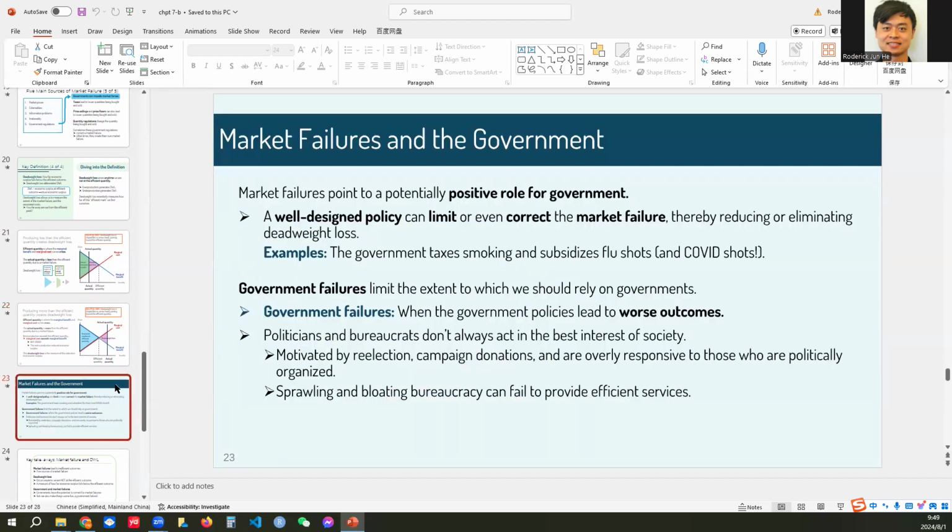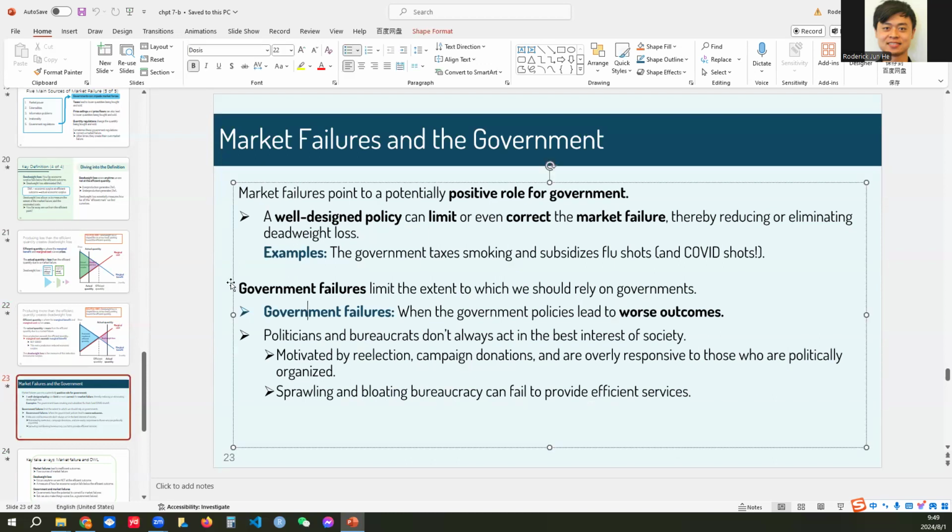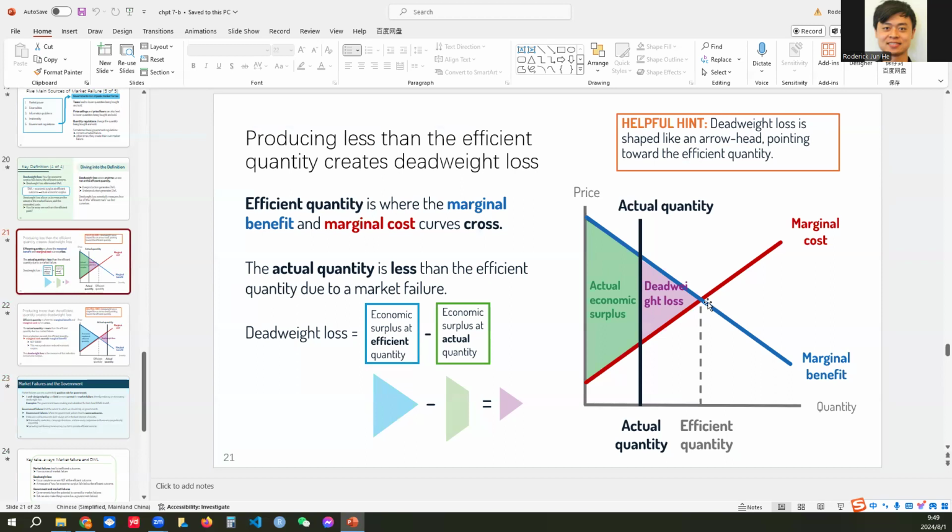So market failure actually points to a potential positive role for government. Sometimes we need the government to restore if there is a market failure so as to recover to this efficient point.